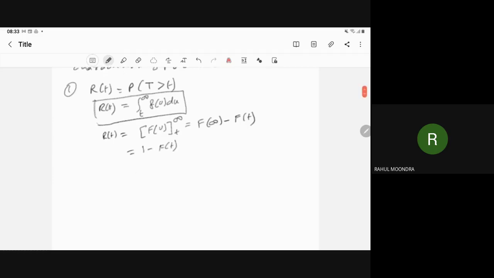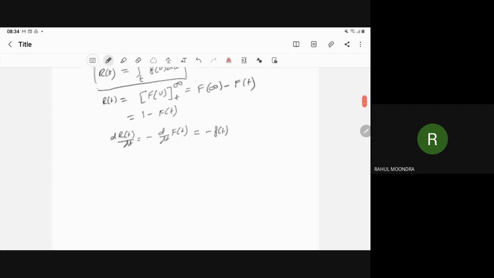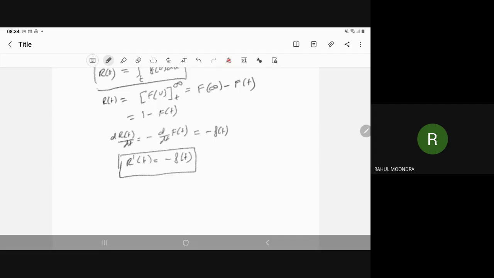If you differentiate on both sides, dR by dt becomes minus d by dt of F(t), and the derivative of the CDF is the PDF. So R dash t is equal to minus f(t). So we have the second relation.